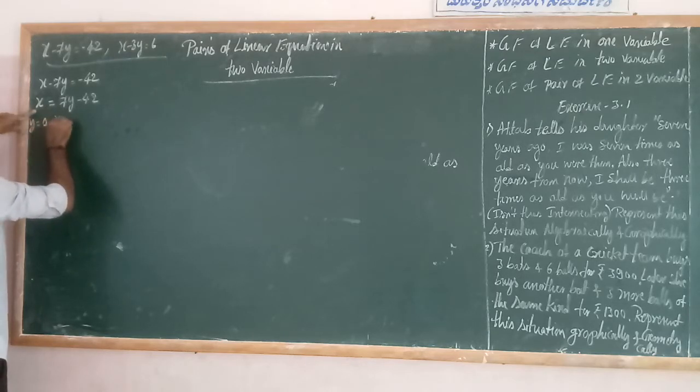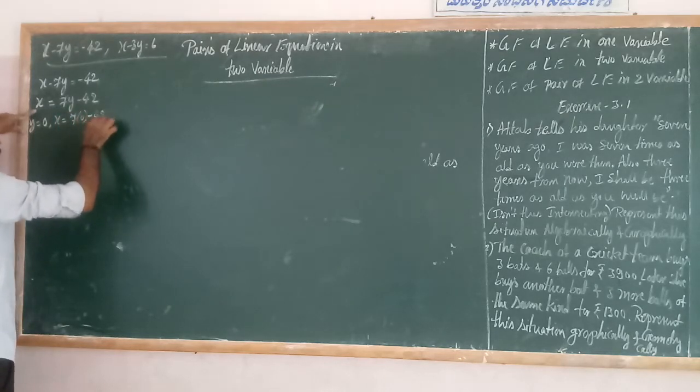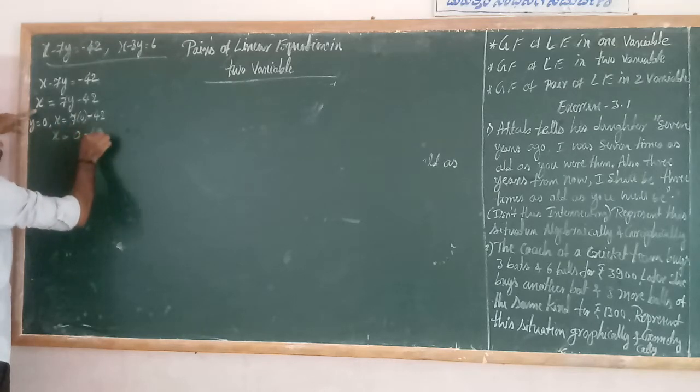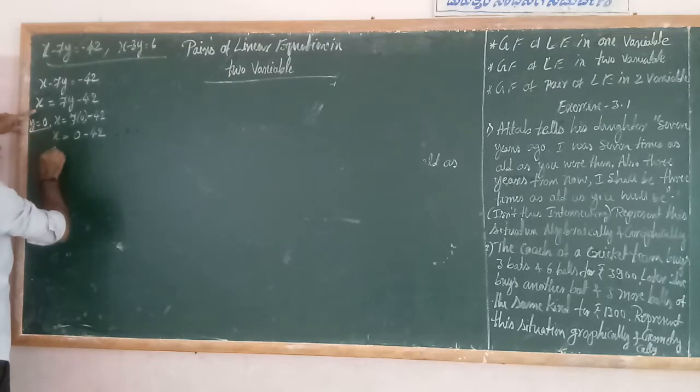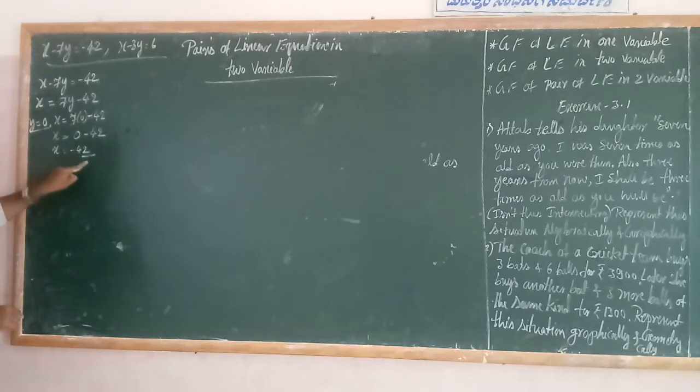So it becomes x is equal to 7 into 0 minus 42. What does it become? x is equal to 0 minus 42. So if you give y value 0, x is equal to minus 42. When y value is 0, x value is minus 42.